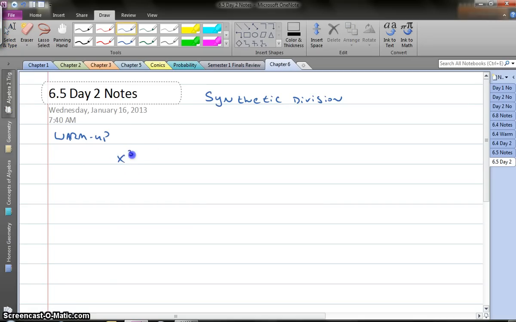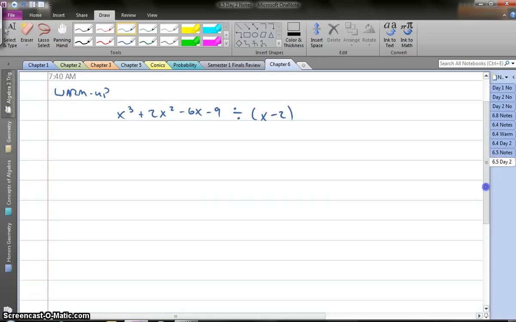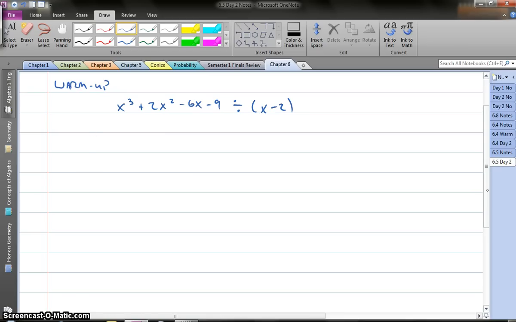So we had x to the third plus 2x squared minus 6x minus 9 all divided by x minus 2. All right, so we use long division to accomplish this. So x minus 2, I draw my little house. I got x to the third plus 2x squared minus 6x minus 9.